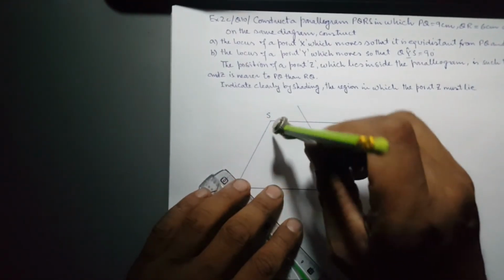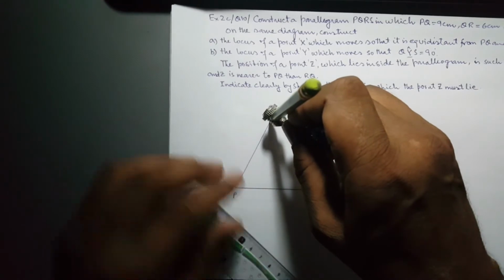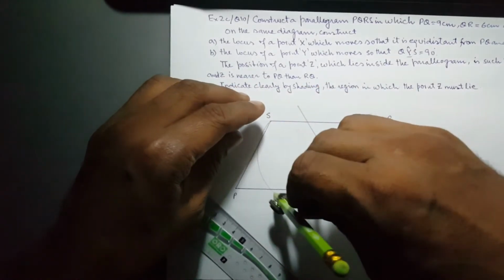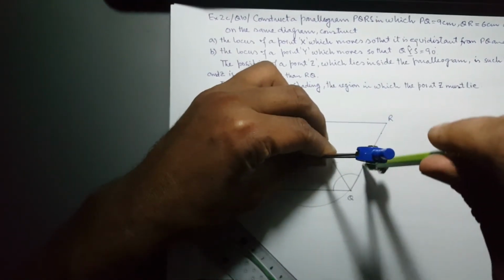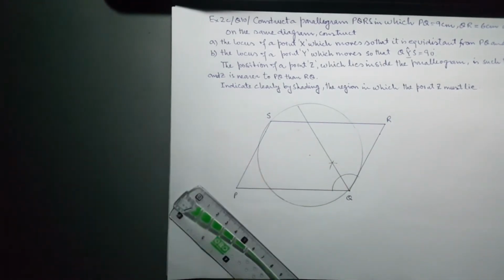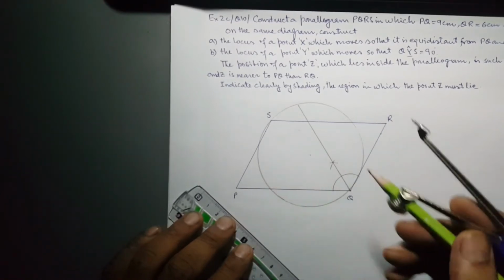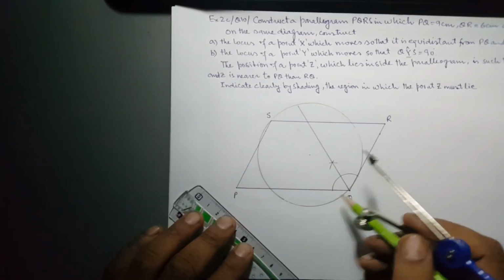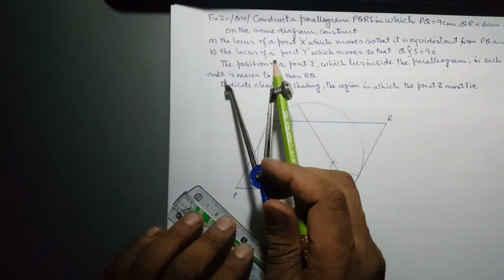With center the midpoint of QS and radius from the midpoint to Q or S, this one is the locus described by this question. If we are exactly on the circle, then the angle QYS is 90 degrees.